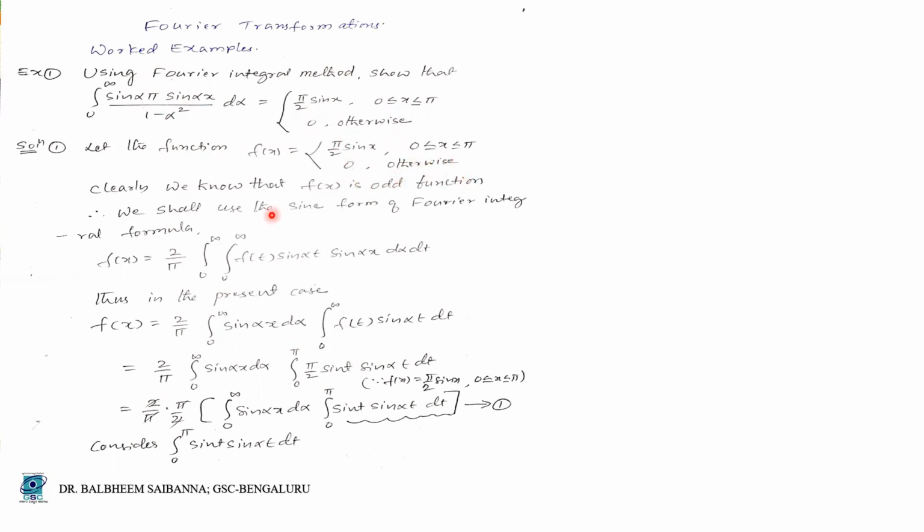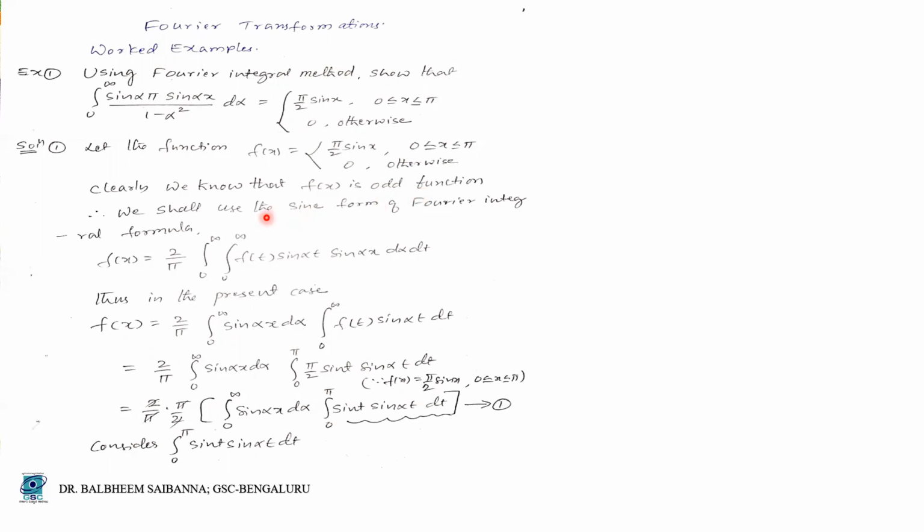And 0 otherwise. Clearly we know that f of x is an odd function. How is it an odd function? In general, if f of x is equal to cos x, that function is always treated as an even function. Suppose the function is f of x equal to sin x, that function is treated as an odd function.